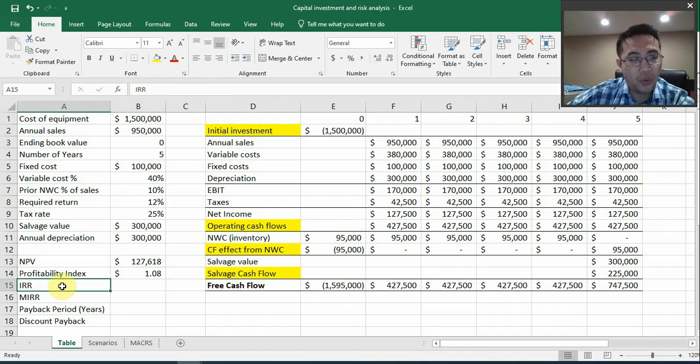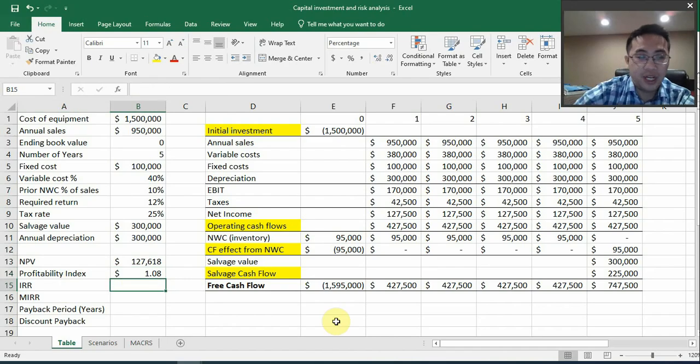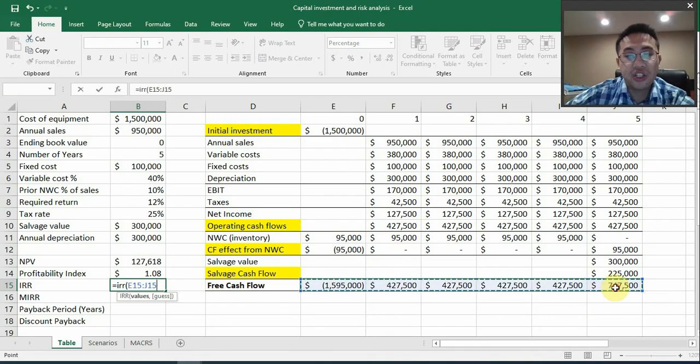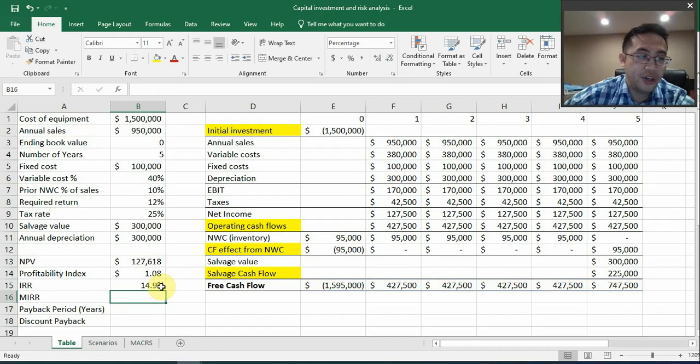And for internal rate of return here, that's a piece of cake. Just use the IRR function of Excel. Then inside the parentheses, you just select all the cash flows, and this time start with year 0. If there's not a year 0 negative number, then the IRR function will not work. Then you hit enter, and you can see that the IRR here is 14.9%.